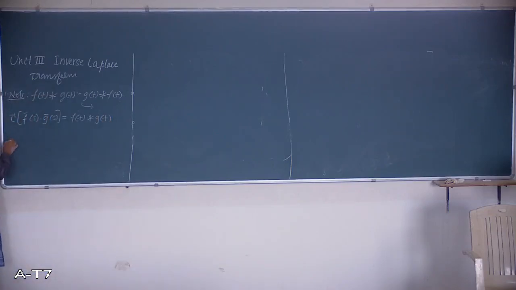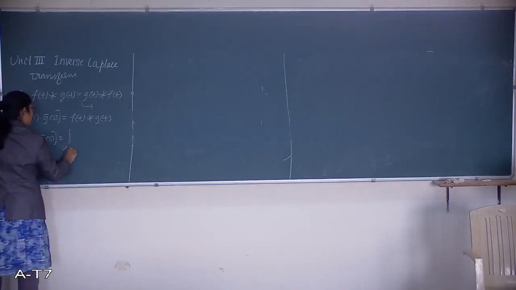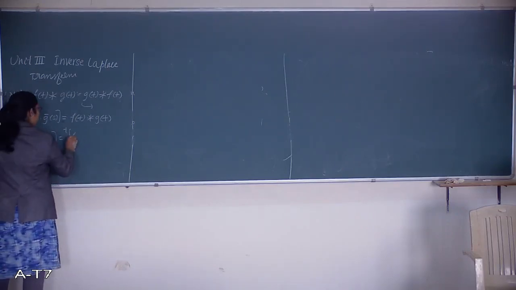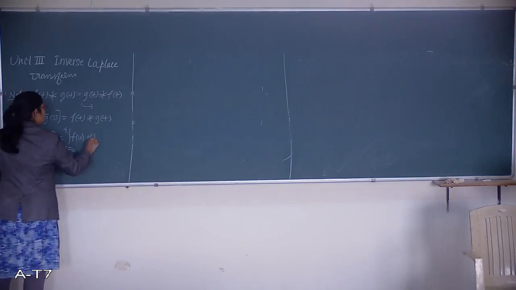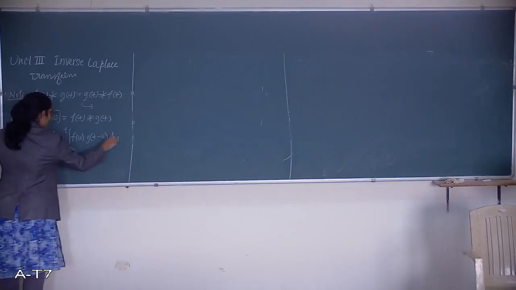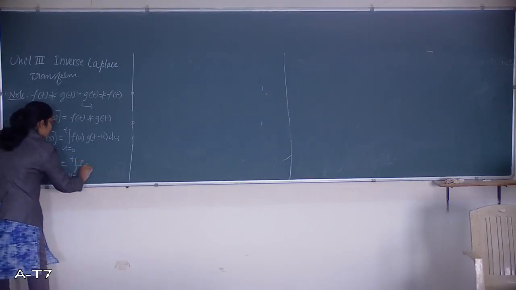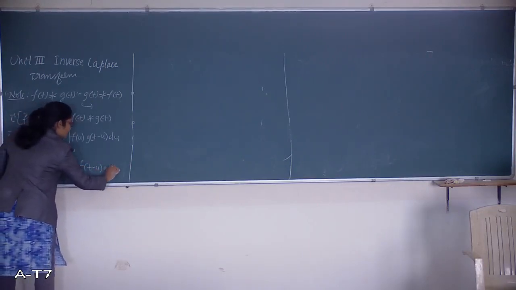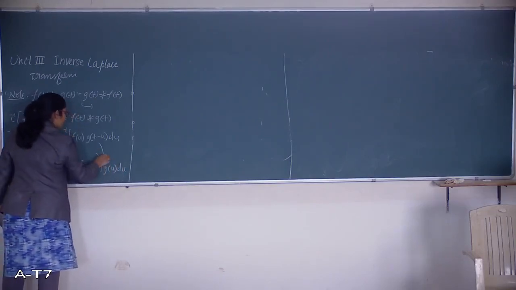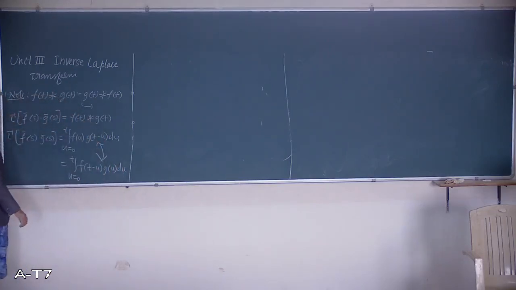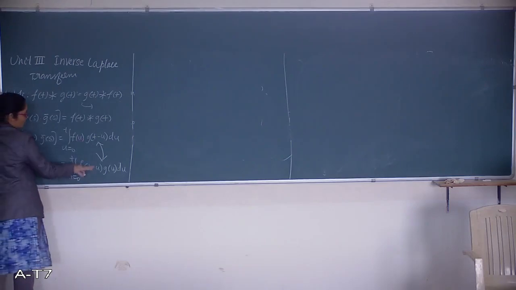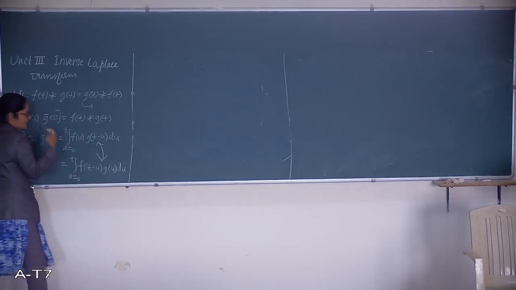And the last one, very very important: f bar of s into g bar of s is the integral from u is equal to 0 to t of f of u into g of t minus u du. The conclusion is that either this form or this form, both are valid.